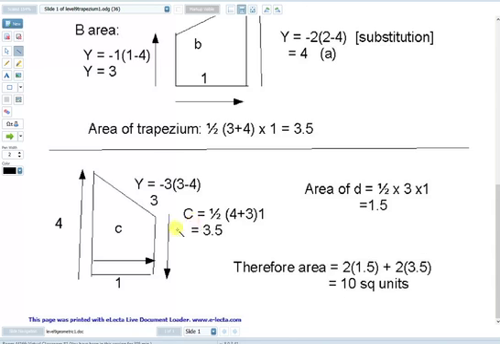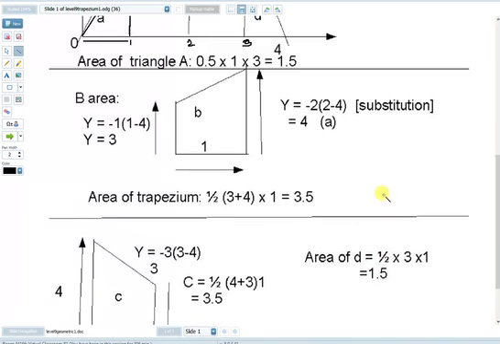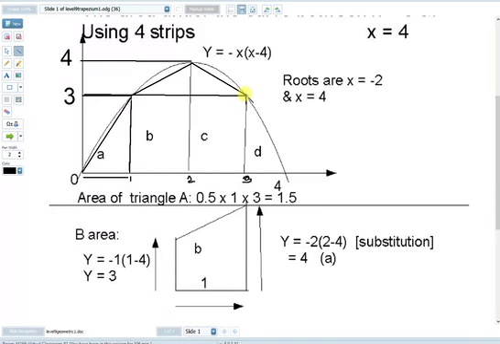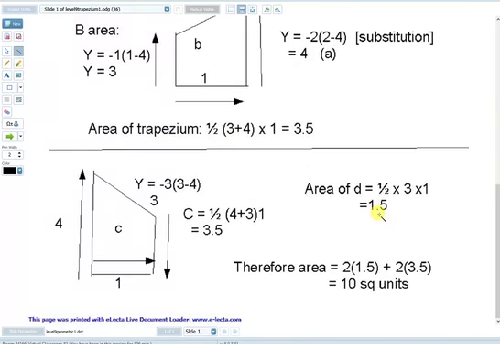Then we substitute the values into the formula. The area of D is just a triangle: the base is 1, between 3 and 4, and the height is 3, so it's a half times 1 times 3, which is 1.5. Then you just add them all together.